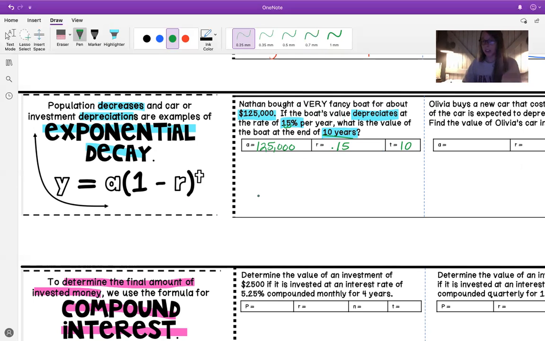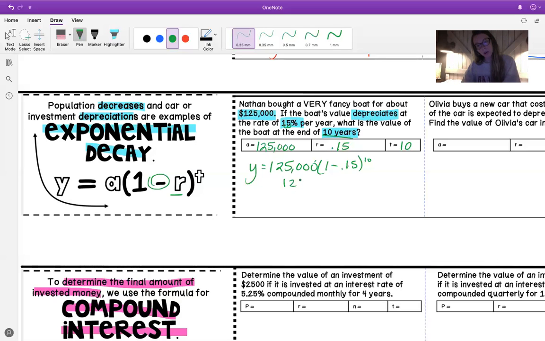So we're just going to take that information and plug it into our equation. The only difference between exponential growth and decay is now we're subtracting that rate from 1 rather than adding it to 1. Okay, so we have y equals 125,000 times 1 minus 0.15 to the 10th power.